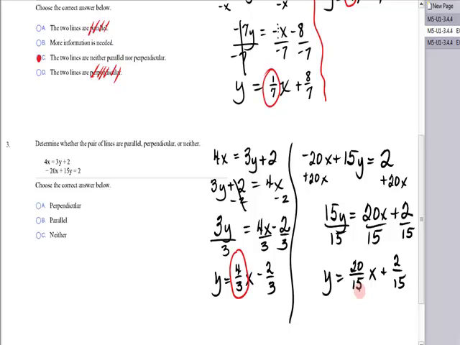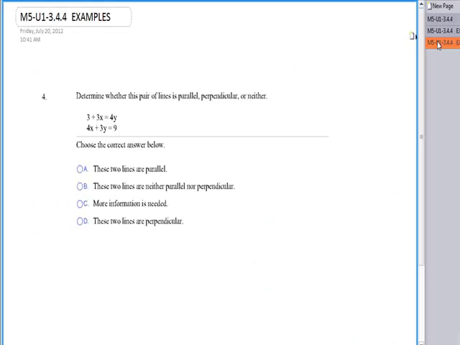Now 20 over 15 can be reduced. 5 is a common factor. 5 goes into the top 4 times. 5 goes into the bottom 3 times. This is my slope of my second line. These are the same. That means that the two lines are parallel. But it took me a little bit of work to get them both in the position where I could make that determination.